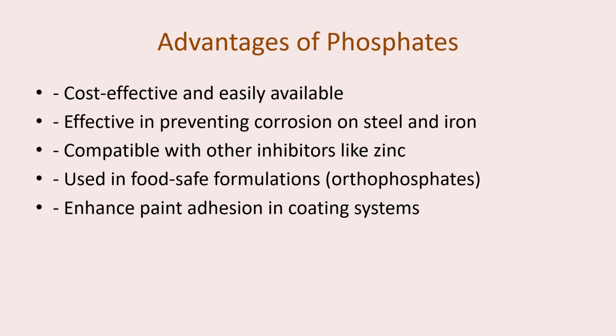And also if we add a little bit of zinc in the bath, we have observed that the thickness of the coating is higher. Okay, this phosphate coating is used in food safe formulations, orthophosphate, which is not toxic. Okay, it enhances paint adhesion in coating systems, so it can be used as an adhesive layer, undercoat layer.